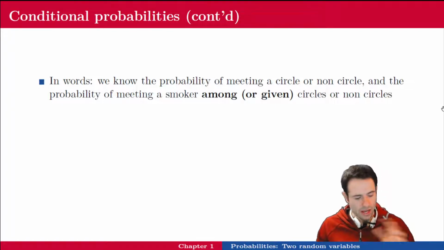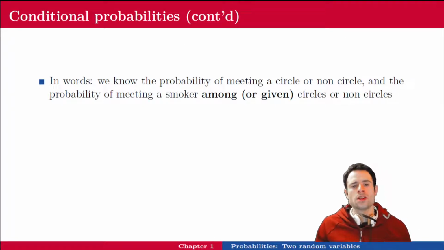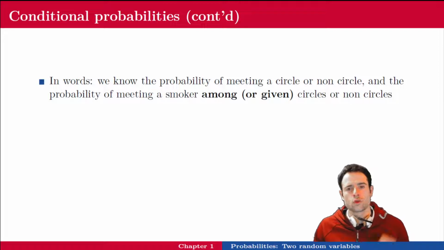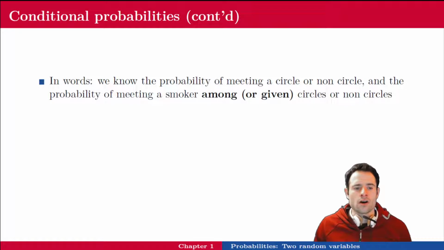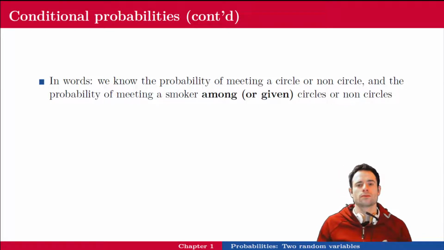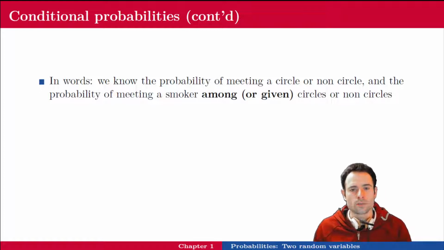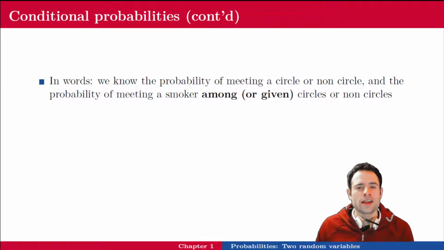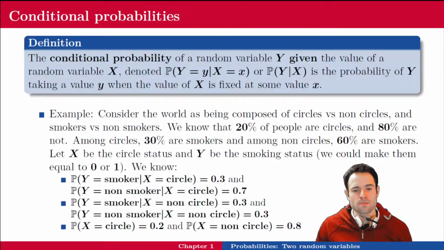In words, again, we know the probability of meeting a circle or not, 20 versus 80%, and we know the probability of meeting a smoker among circles and non-circles. But there is a thing we don't know. We actually don't know the probability of finding a smoker regardless of whether it's a circle or not. This is not mentioned anywhere.